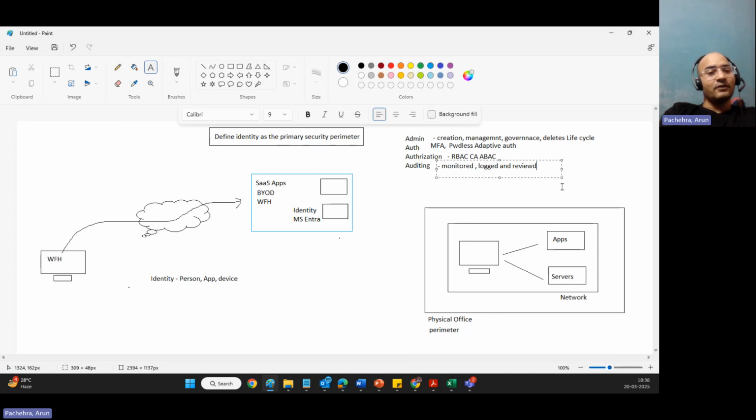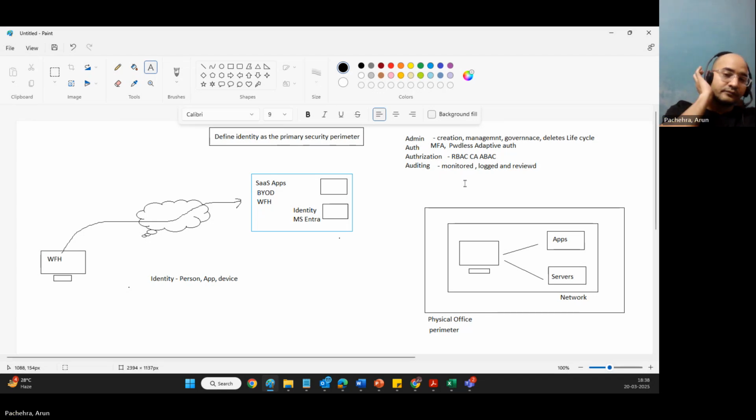Auditing ensures identity activities are monitored, logged, and reviewed for security, compliance, and troubleshooting. Auditing helps answer questions like who did what, when, where, and how in the environment. So the key functionality of auditing would be logging and reporting, alerting, risk analysis, compliance, and access reviews. Those fall under auditing.